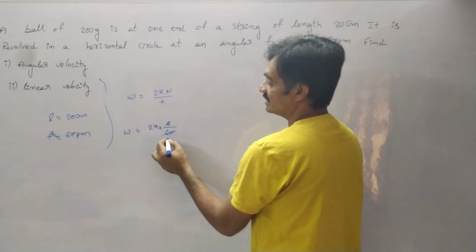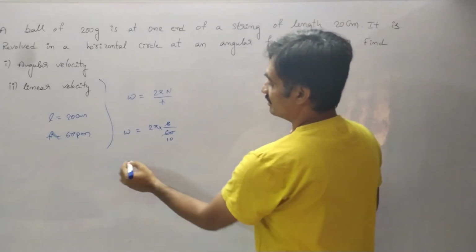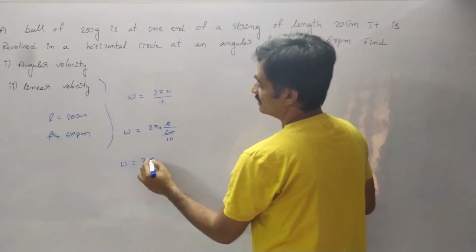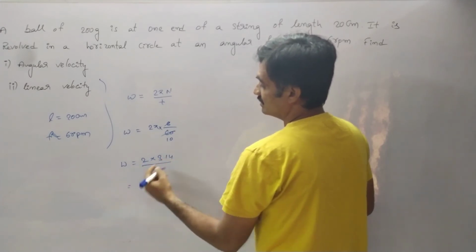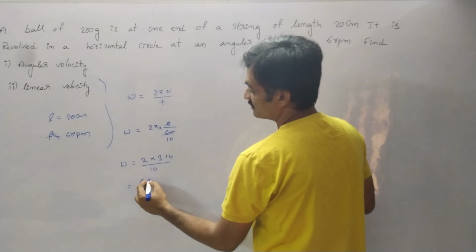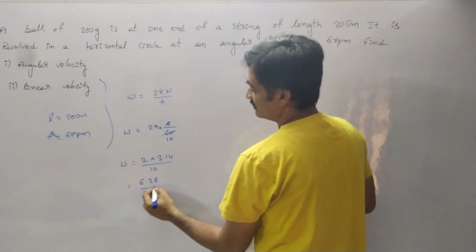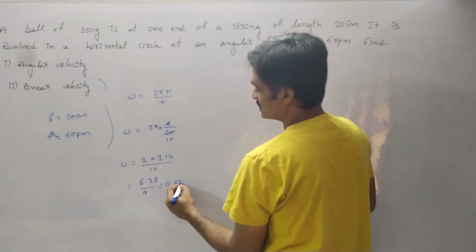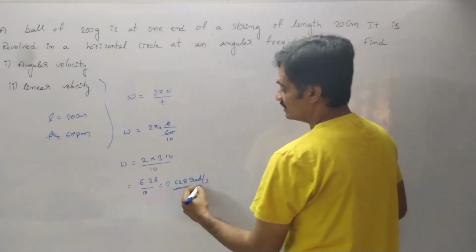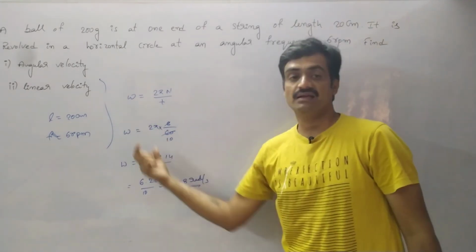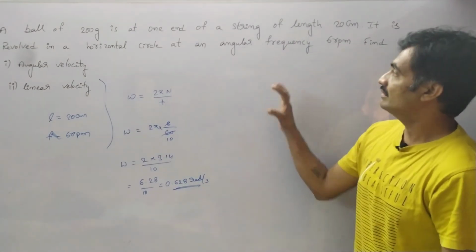If we cancel, we get 10 and omega equals 2 into 3.14 by 10. So 2 into 3.14 is 6.28 by 10, which equals 0.628 radian per second. So this represents the angular velocity of the given problem.